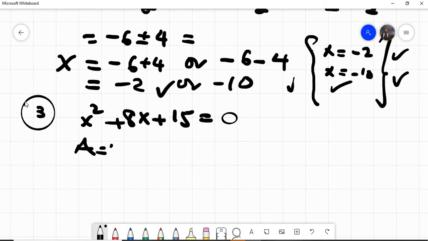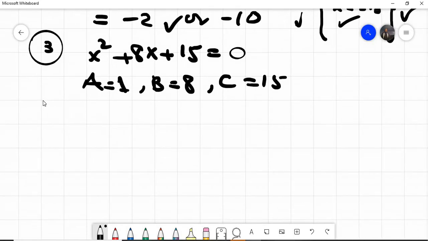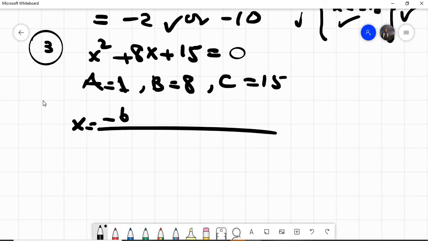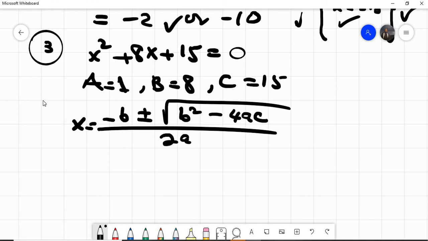Our a is 1, and then our b is 8, and our c is 15. Then we're gonna write down our general formula, the formula that helps us find the solution: minus b plus or minus square root of b squared minus 4ac, divided by 2a. Then we're gonna substitute.